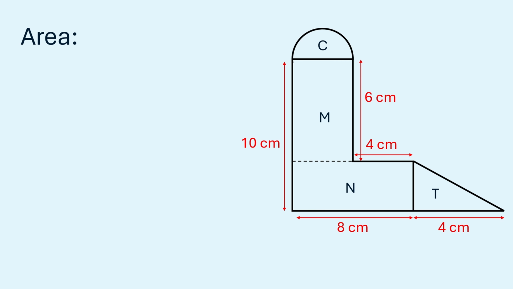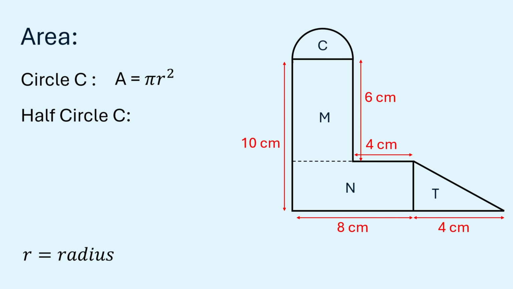Now, we will determine the area of semicircle C. A full circle's area A is equal to pi r squared. Here r represents the circle's radius. So the area of semicircle C is equal to 1 divided by 2 times pi r squared. To find the radius r, first identify the semicircle's diameter.